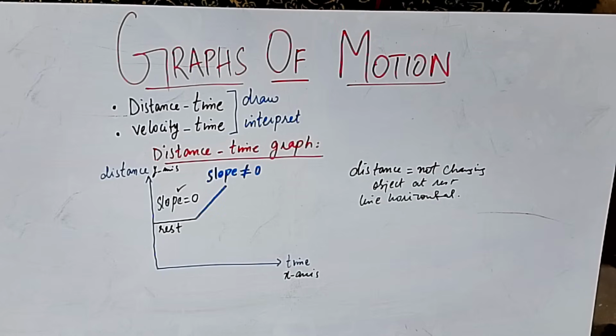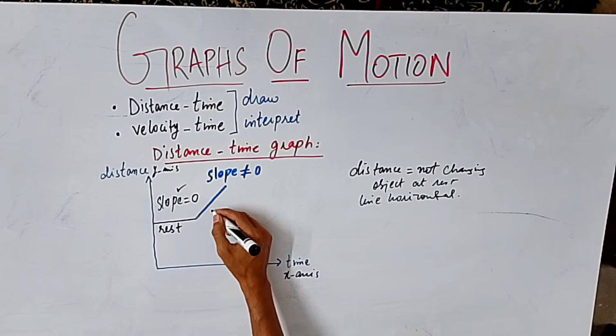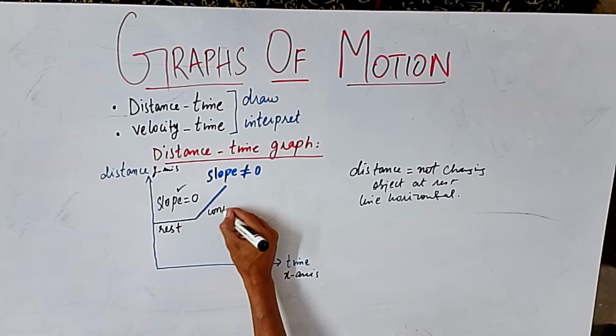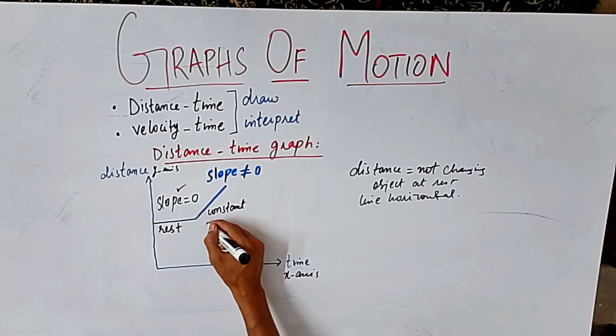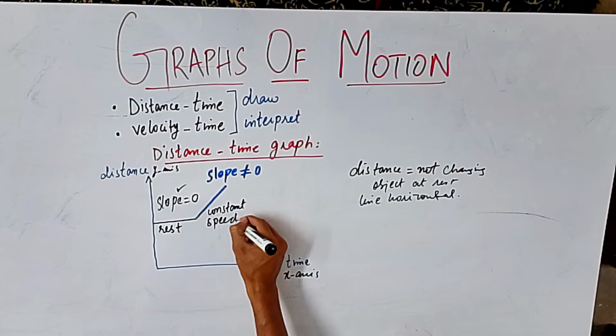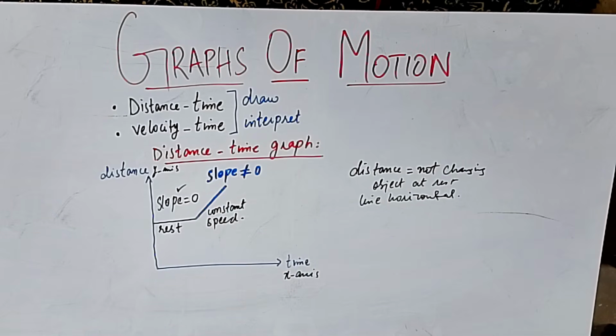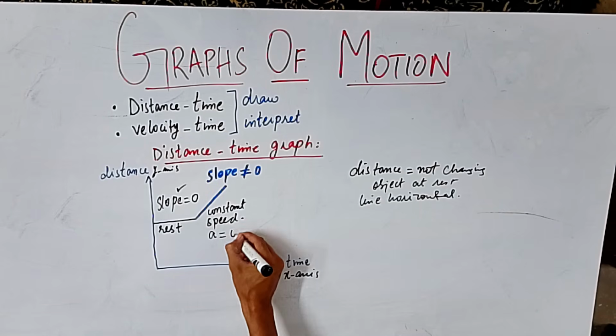Very important thing: it means that the object is moving with constant speed. You already know what is meant by constant or uniform speed or velocity, and what is meant by non-uniform. Whenever the object is moving with constant speed, its acceleration is 0.